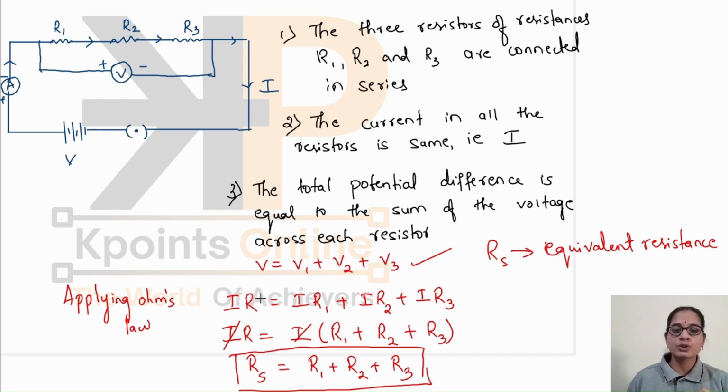And applying Ohm's law to the individual resistors we get V1 is equal to IR1, V2 is equal to IR2, V3 is equal to IR3. Now I gets cancelled on both sides, so that we get the equivalent resistance as the sum of the individual resistances of the three resistors.